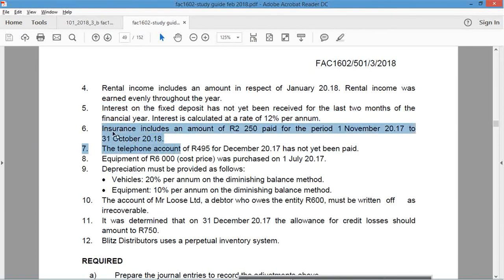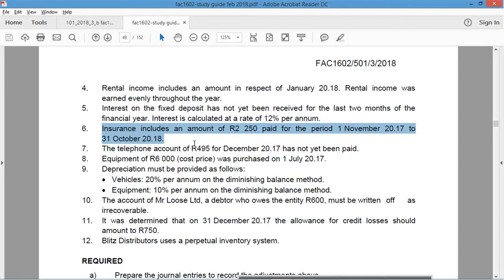6. Insurance includes an amount of 2,258 paid for a period of 1st November to the 31st. So it's a prepaid expense. 100%. So your expense will come down because you paid for it. Good. So expense increases on the debit, so the insurance will be credited.